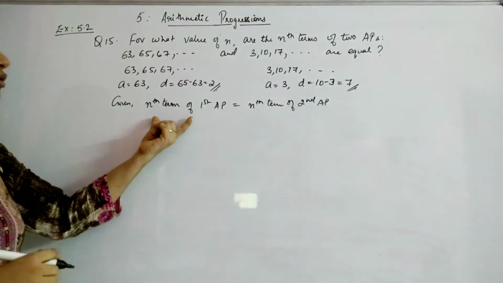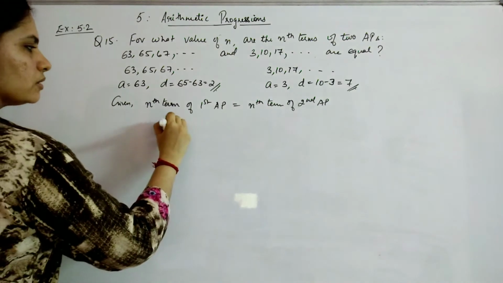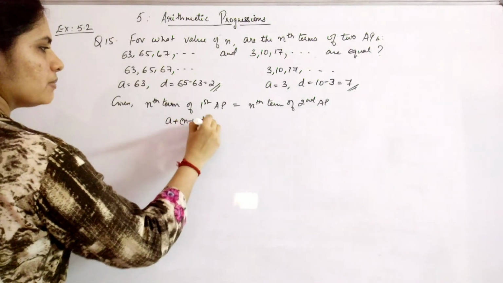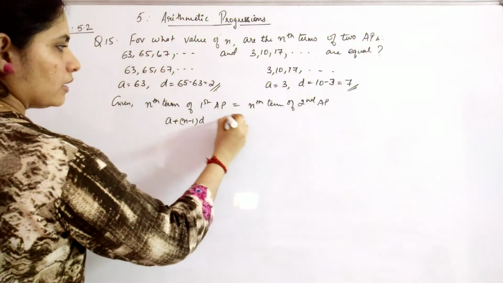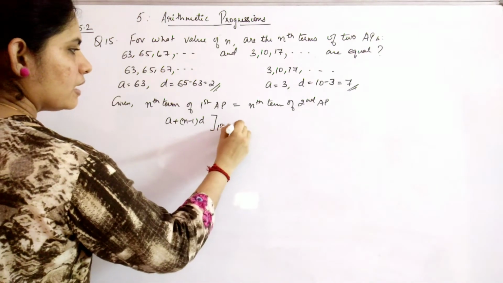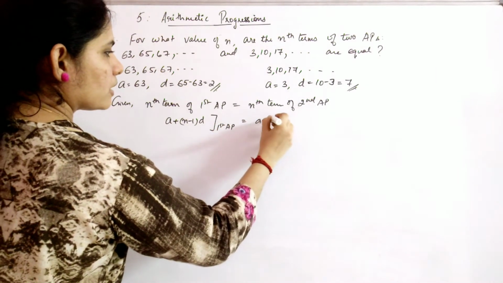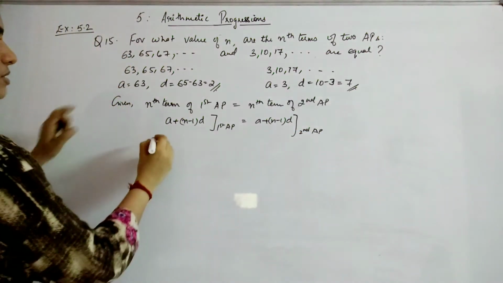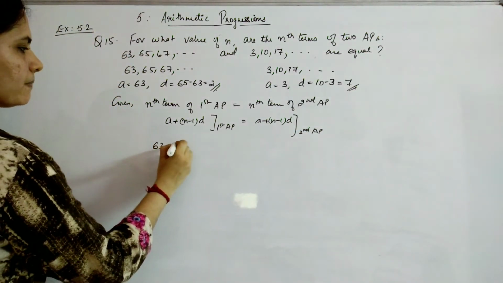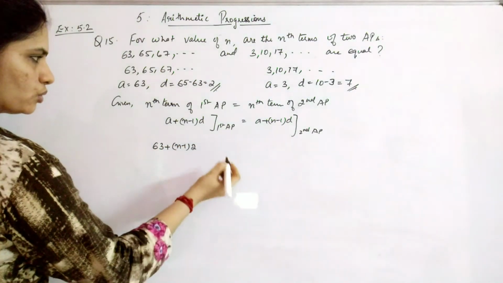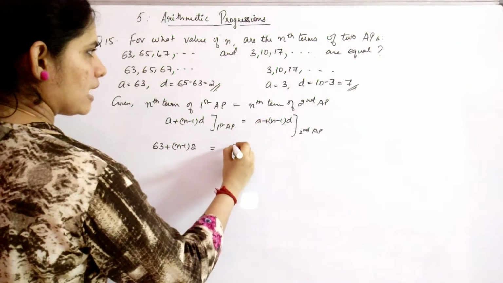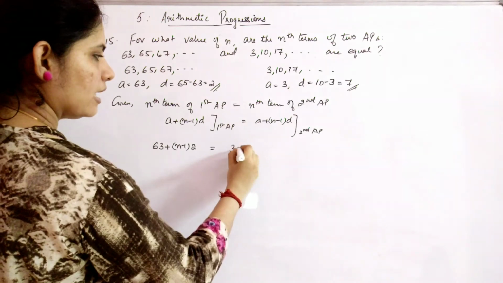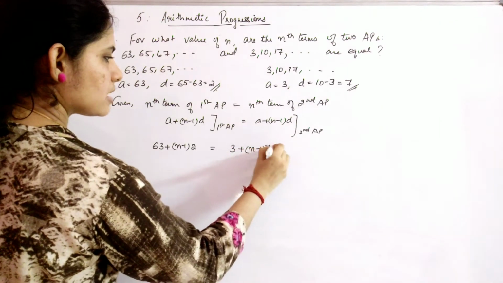The formula is a plus n minus 1 into d for both. Replacing the values, it is 63 plus n minus 1 into 2 is equal to 3 plus n minus 1 into 7.